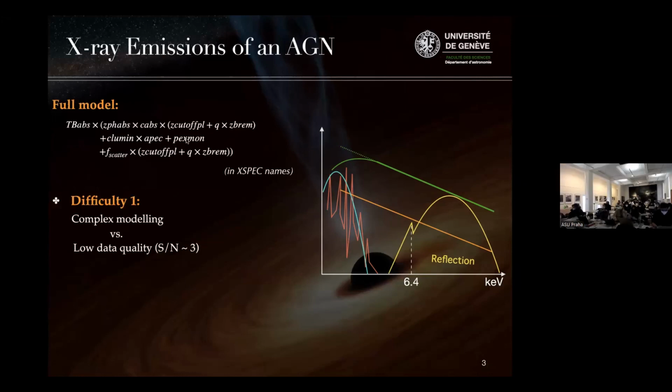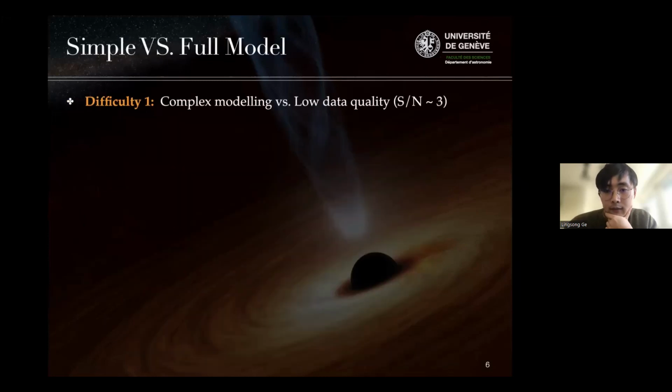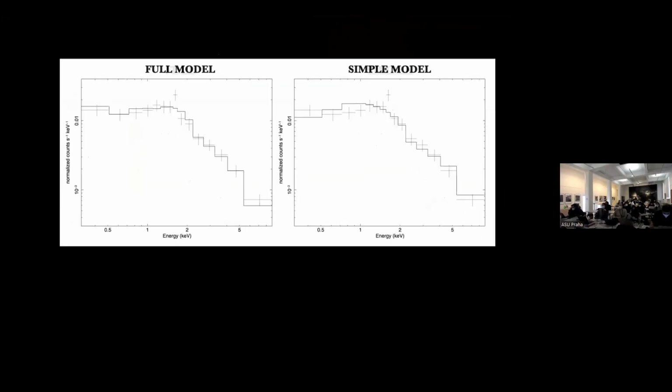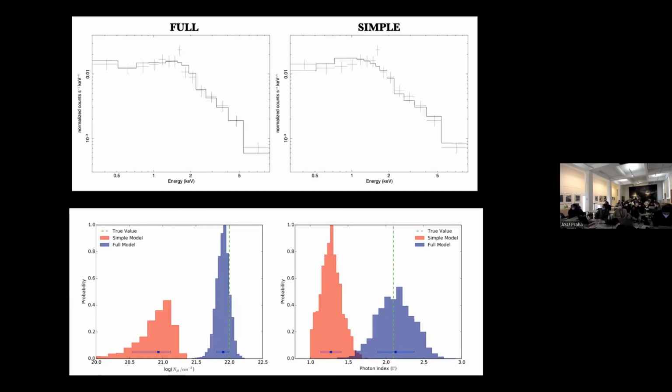So I was wondering, when you mentioned the bias with fitting a simple model versus the full model, for instance, you showed that very nice plot of you get a flat photon index with unobscured versus the true obscured versus a more reasonable gamma. Wouldn't having gamma free and the reflection fraction free also pose this problem, i.e., for this particular data quality?